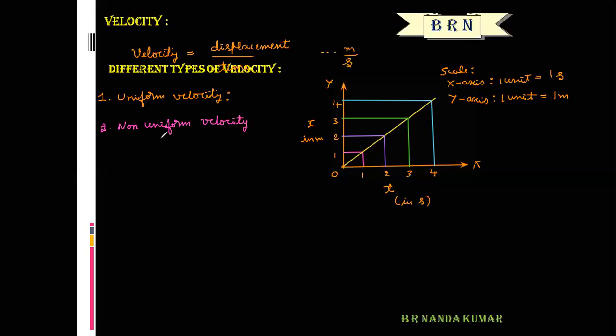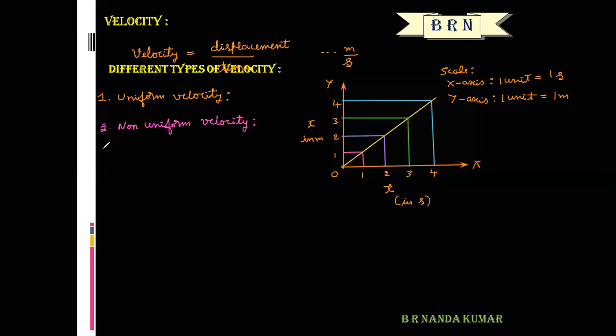Non-uniform velocity means if a particle covers unequal displacements in equal intervals of time, or if a particle covers equal displacements in unequal intervals of time, or if a particle covers unequal displacements in unequal intervals of time, that is called non-uniform velocity.